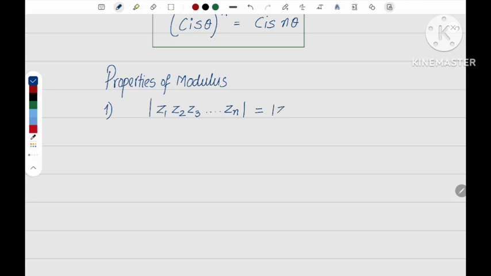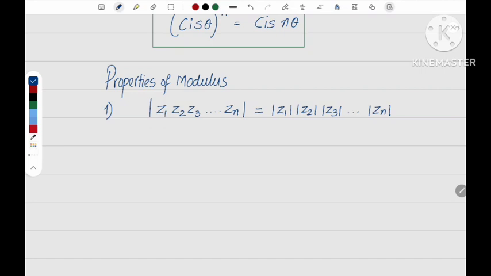This is equal to mod z1 mod z2 mod z3 up to mod zn. So this is the first property.